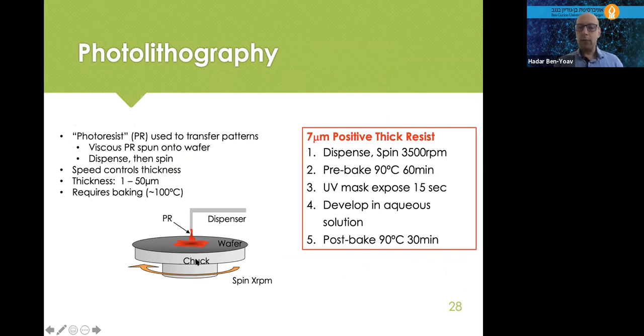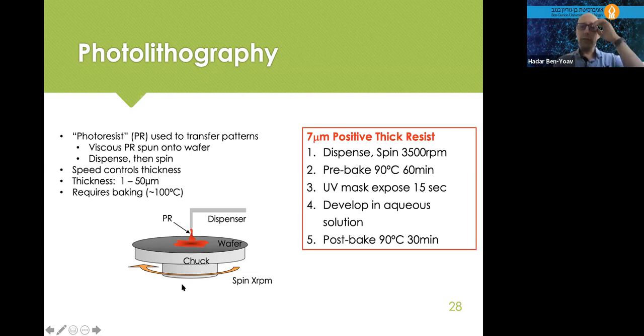So first we have the wafer, silicon wafer, and we need to cover it with a homogeneous film layer of the photoresist, that later on we can shine light on it and transform the image.